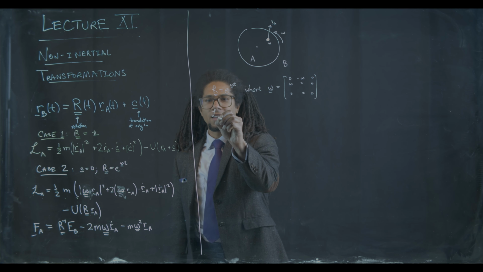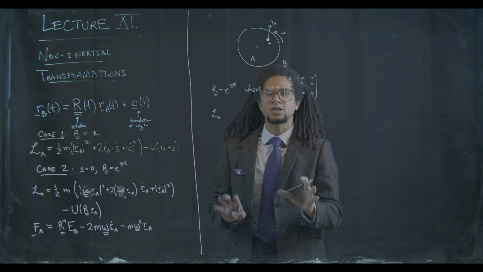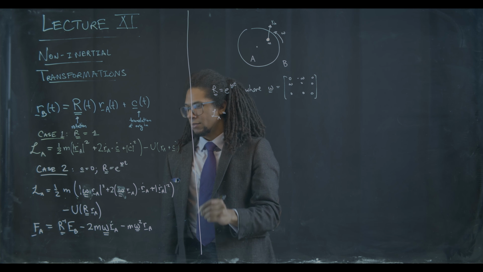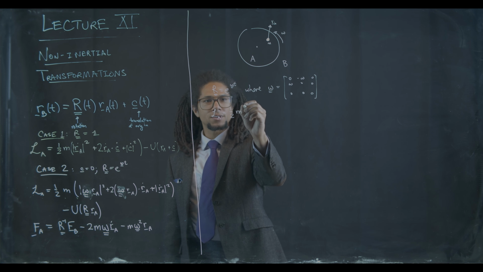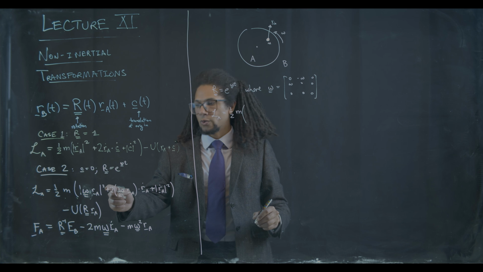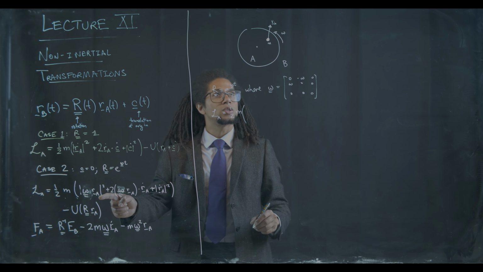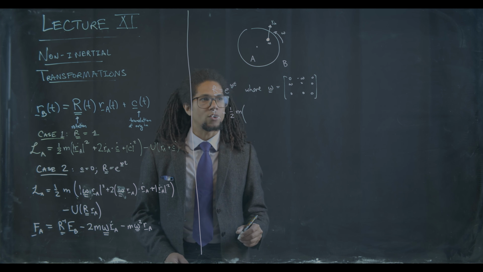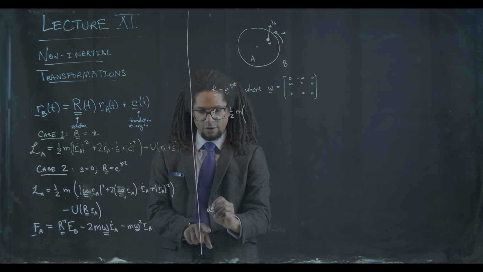Okay, so I'll have L_A, the Lagrangian in reference frame A. Remember, I want to work this out, at least for practice, in the A reference frame, given the B reference frame. This is equal to 1/2 times m times, well, now I need to do omega times R_A quantity squared. Notice that omega times R_A is not going to care about the z coordinate of R_A at all. It'll only care about the x and y coordinates. Let's work that out maybe over here as just a little parenthetical.